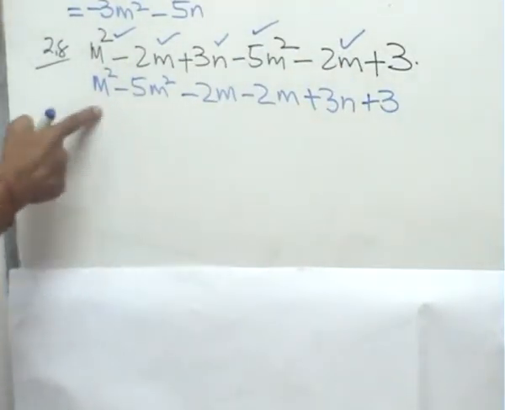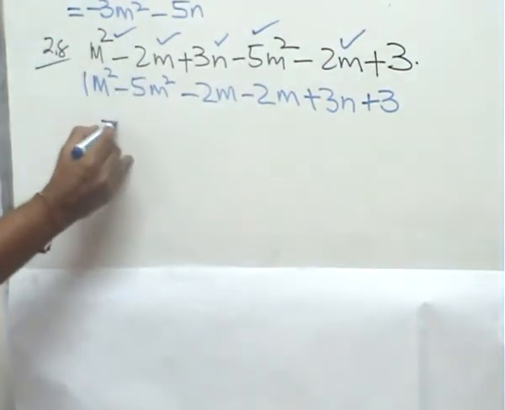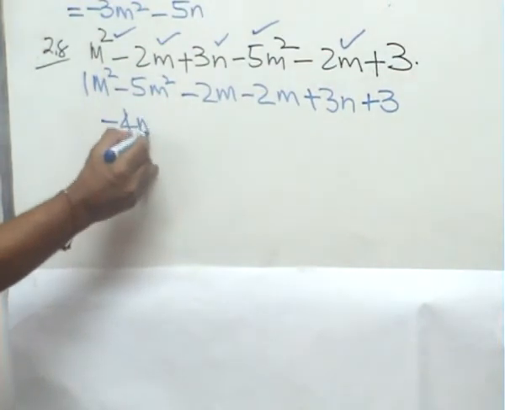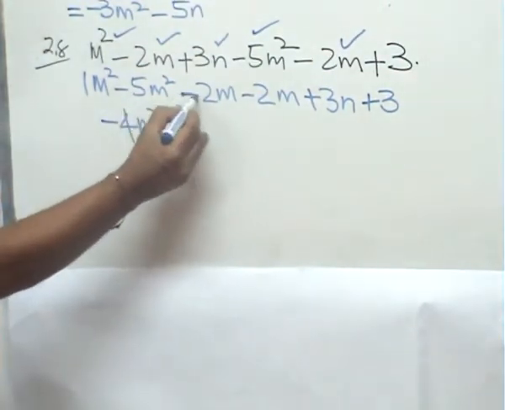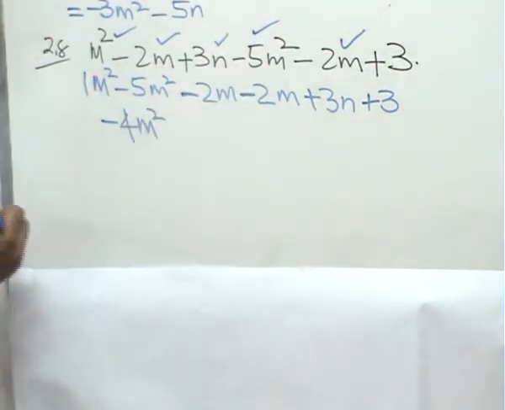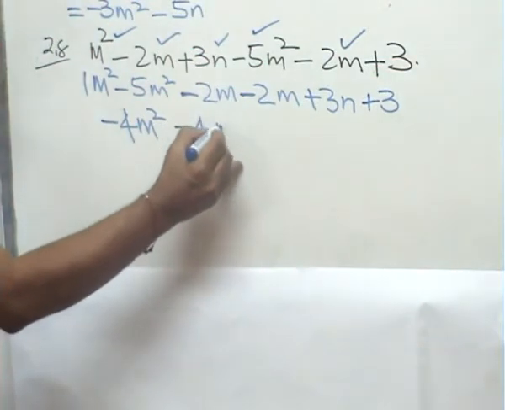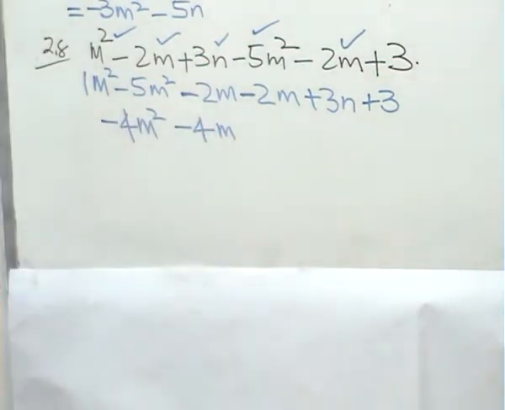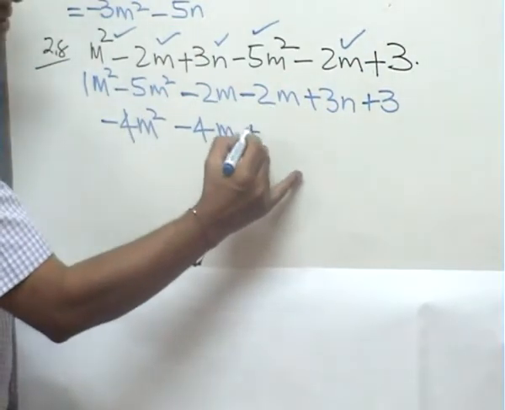Now when you add up here, 1 minus 5 gives you minus 4m squared. Now minus 2 minus 2 gives you minus 4, and you write m only one time. Then you've got plus 3n.